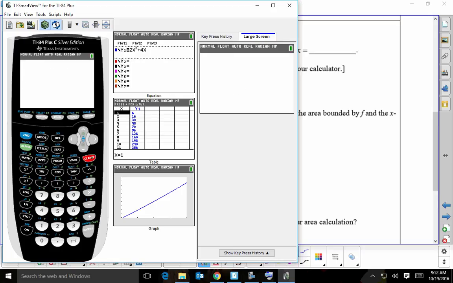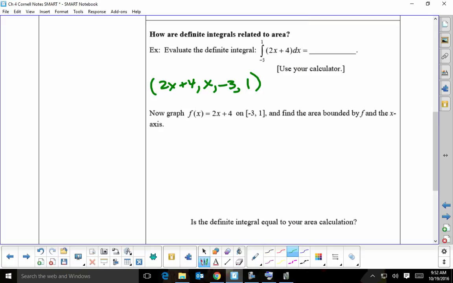So math, and then we go again to the integrate, which is 9, and fill in everything basically. I wish they could combine the 84 and the 89 together. Okay, so what did you guys get out? Did everybody get 8? Yep.